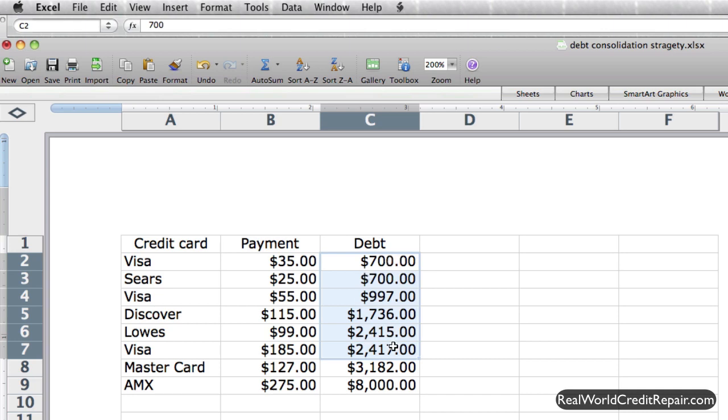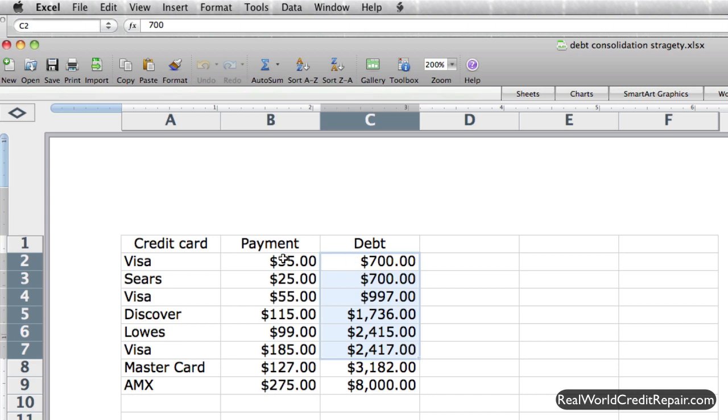Just eyeballing, that's going to be pretty close to $8,000. So as opposed to doing just one trade line, I've now got 1, 2, 3, 4, 5, 6 trade lines that are all under control, have a zero balance, and that's going to help accelerate improving my credit score and really helping out my scenario the quickest.